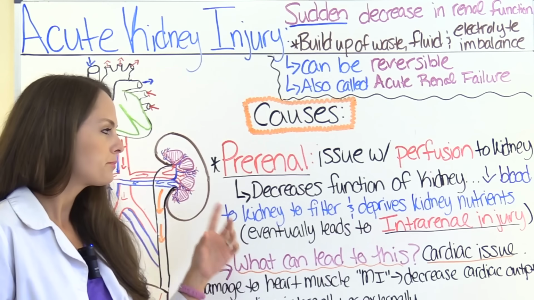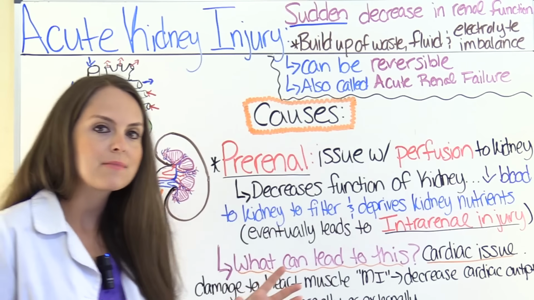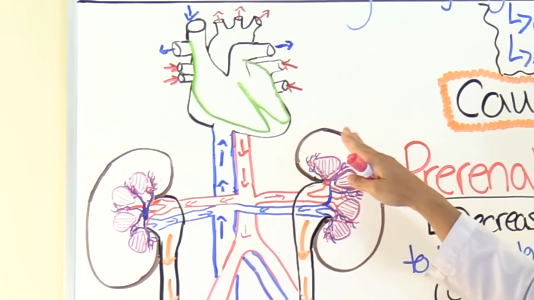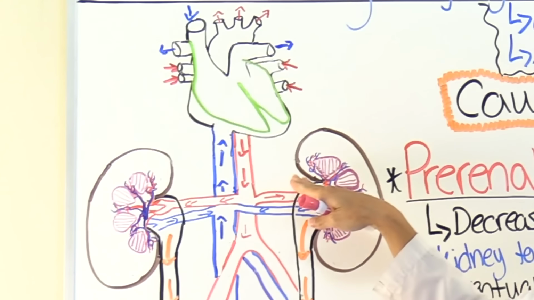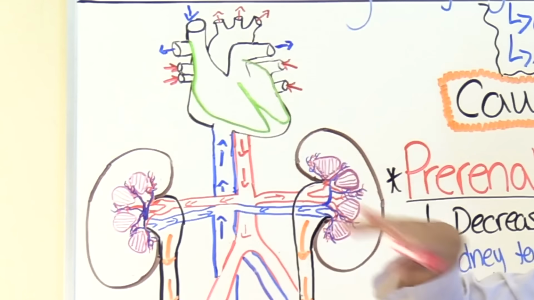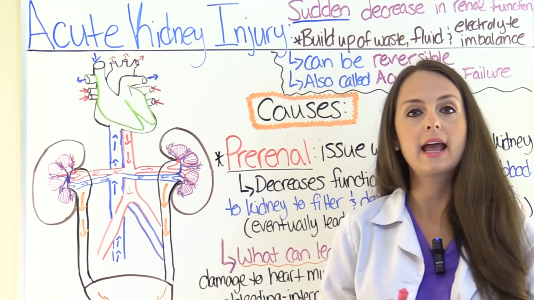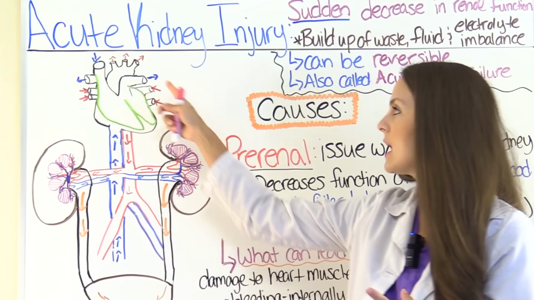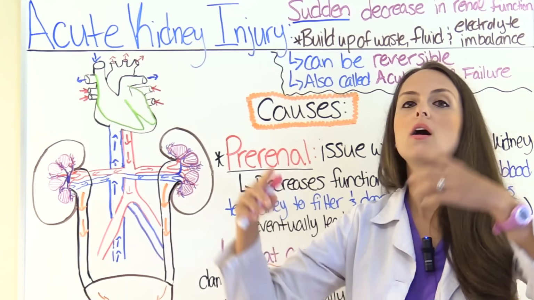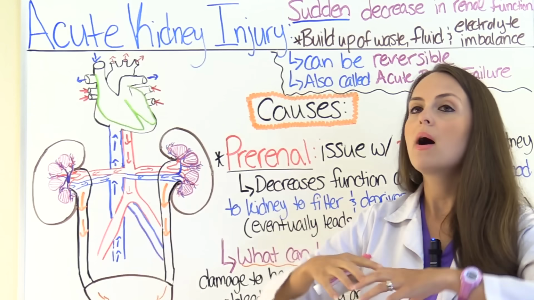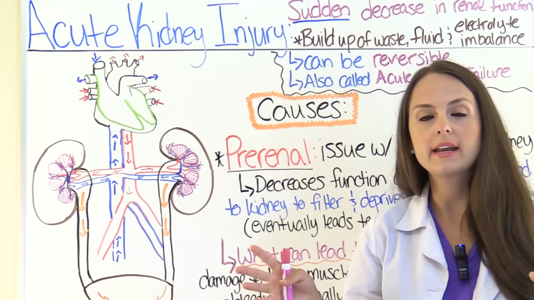So prerenal. Prerenal, just like the name says, it's before the kidney. So any problem that's really arising from the renal artery upward to the heart. So your heart and your kidneys work hand in hand together. What your heart does is it takes the blood and it oxygenates it through the lungs and it goes back to the heart, and then it pumps it out through the body.